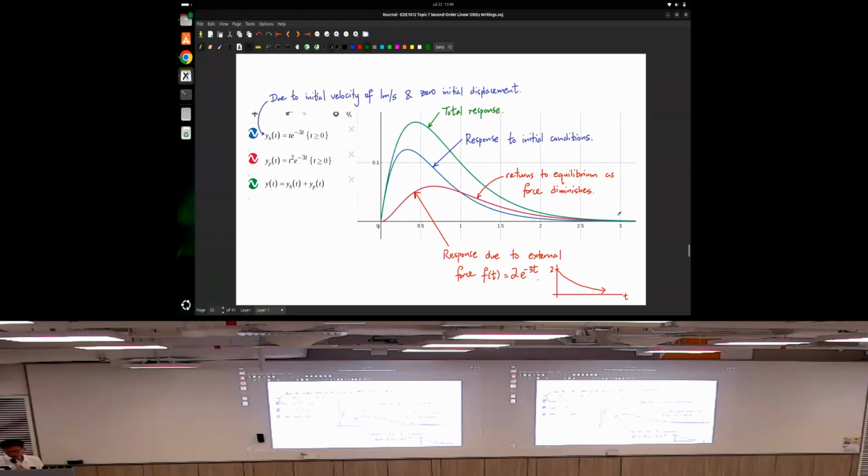Any questions or objections with the analysis? Good. I hope you can imagine the physical meaning of the mathematical expressions here.